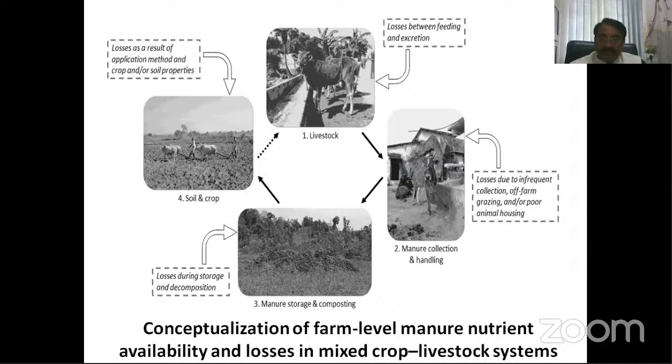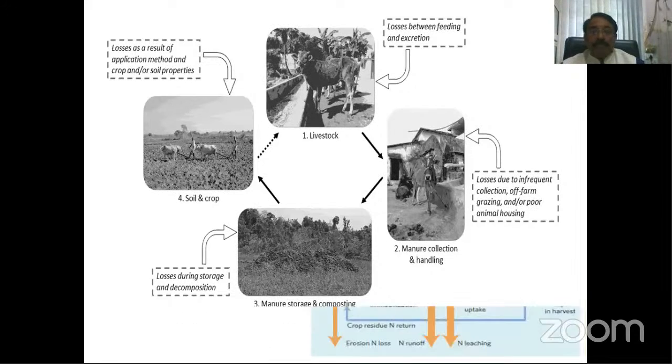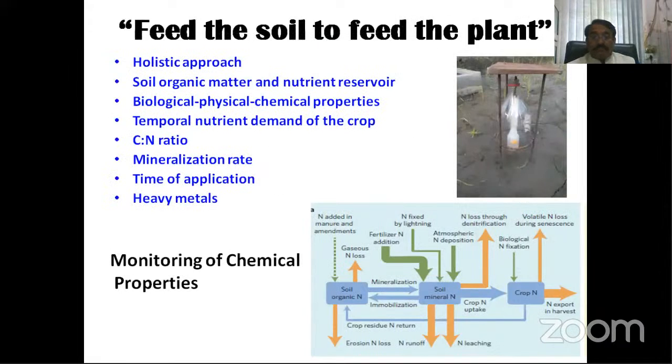Generally we have observed that farmers take the compost, make small heaps and leave them on the soil as such. This should also be managed very well at the farm level.